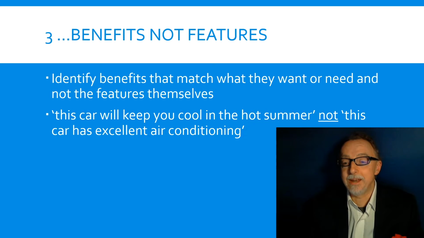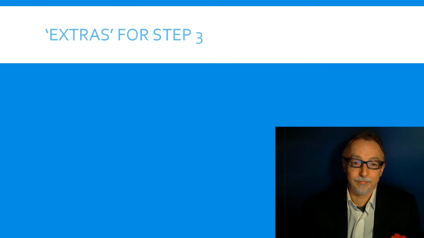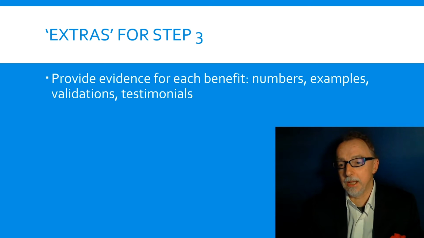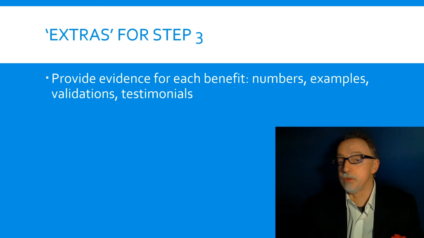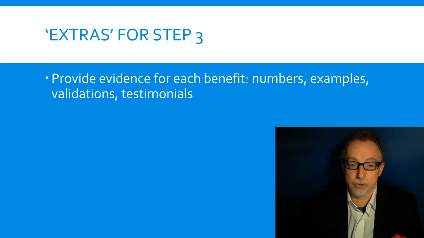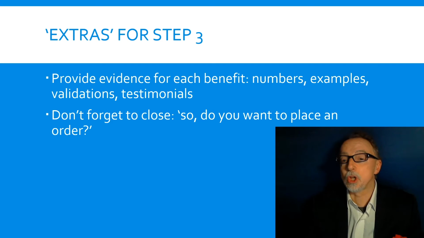You are selling benefits and not features. So a couple of extra points for that step 3 really. Provide some evidence for that benefit that you're trying to sell in terms of numbers, examples, validations, testimonials. And don't forget to close. So, do you want to place an order?